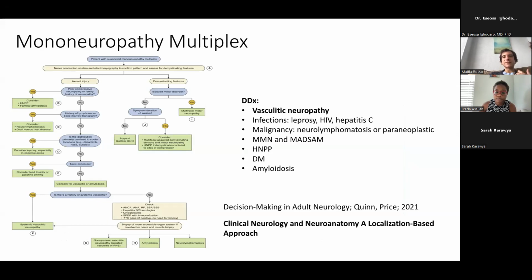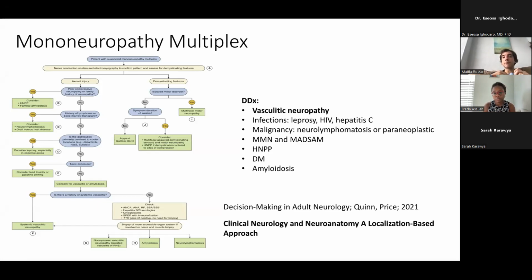And by and large, vasculitic neuropathy is a very common way in which it can present. Infections, leprosy famously causes these acral paresthesias and sensory loss. It's very common in some parts of the world. I haven't seen a single case because it's really rare here in the States.